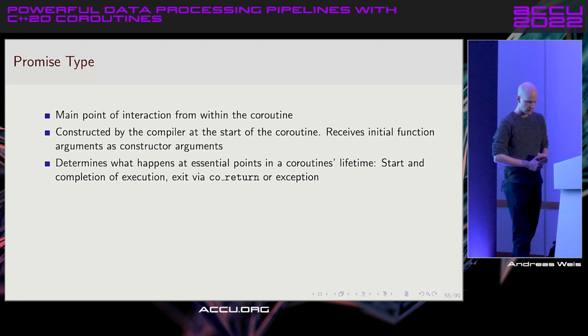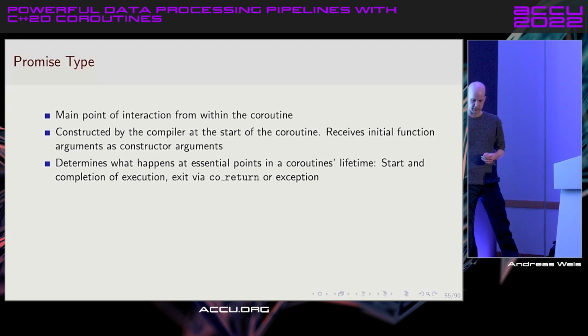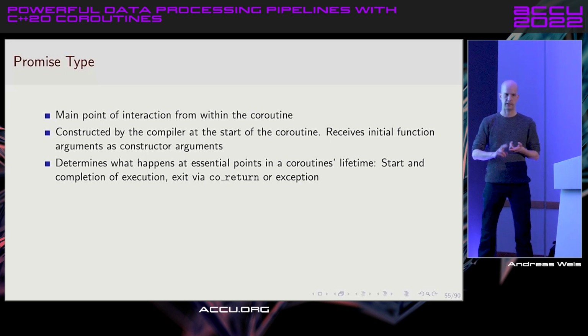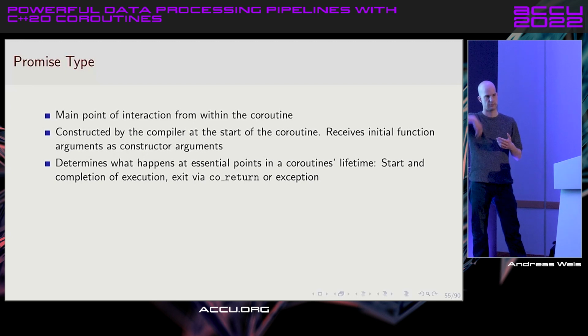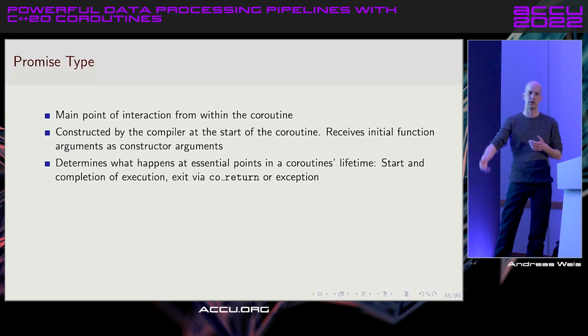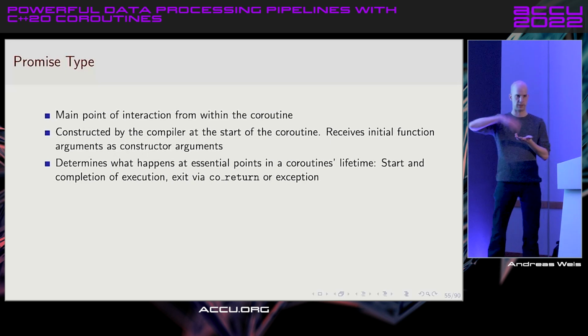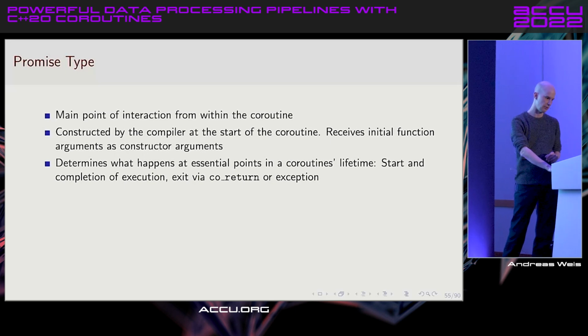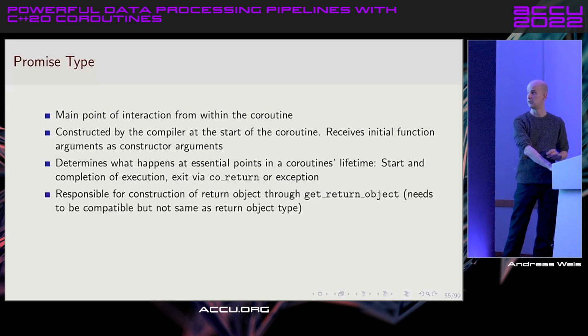The main role of the promise is that it determines what happens at essential points during the coroutine's lifetime. In particular, the start and the completion of the execution. So when I invoke the coroutine for the first time, or when the coroutine finishes execution, either by co_return or by the control flow falling off the end. This is all where the promise has the opportunity to influence the behavior.